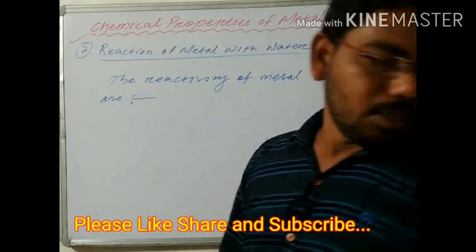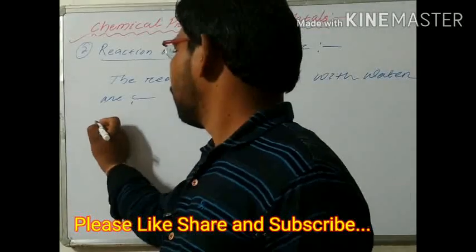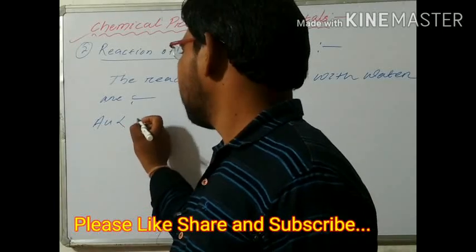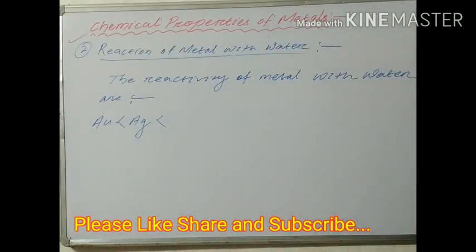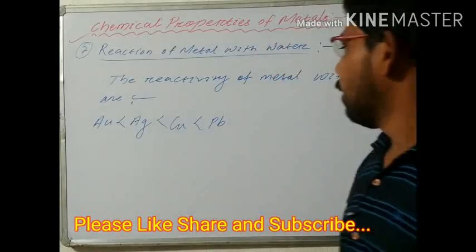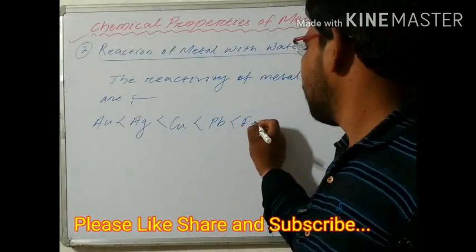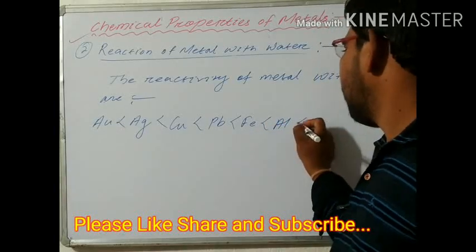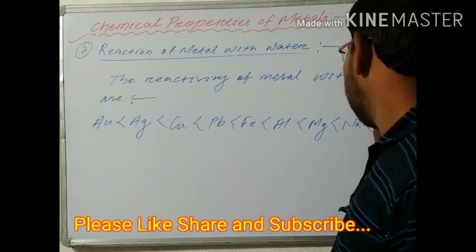In the order, the least reactive metal, first one is gold. Okay, gold is the least reactive metal, and after gold the more reactive metal is silver, and after silver the reactive metals are copper, Cu, then lead, Pb, and after lead the metals are iron, Fe, then after iron the more reactive are aluminium, Al, then magnesium, then sodium, then potassium.